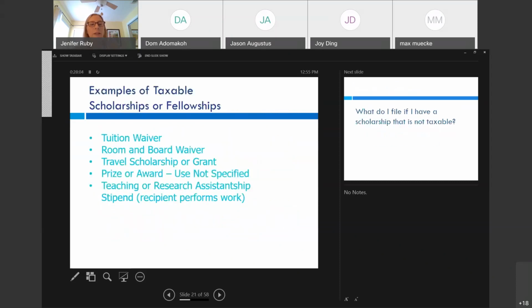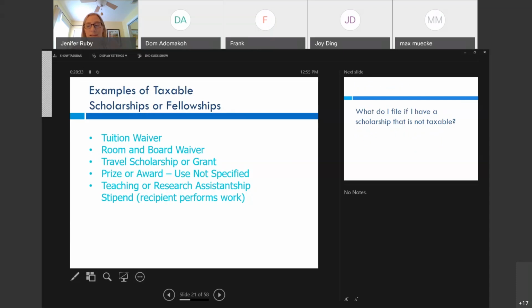Okay, so these are some examples of what might be a taxable scholarship or fellowship, right? So if you got a tuition waiver or room and board waiver, you might have received a travel scholarship. So we have international students who go abroad, and as part of that process, they're awarded a scholarship for that study abroad experience.